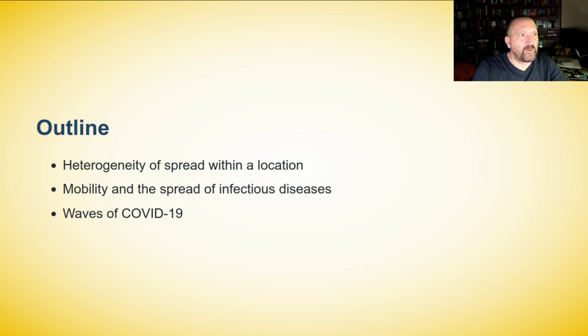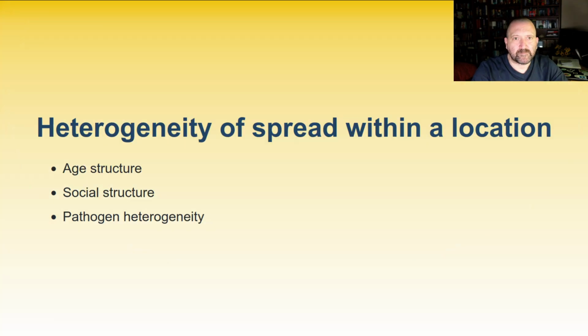In terms of what we'll be looking at this lecture, I'll be looking at heterogeneity of spread within a location, and then mobility and the spread of infectious diseases. And I'll say a little bit about the waves of COVID-19 because they illustrate a combination of spatial and heterogeneous spread.